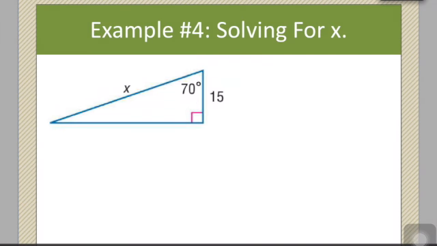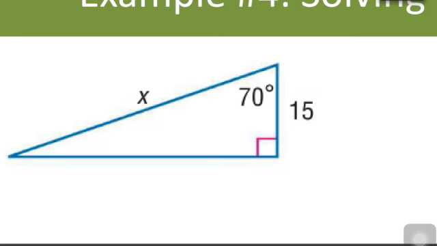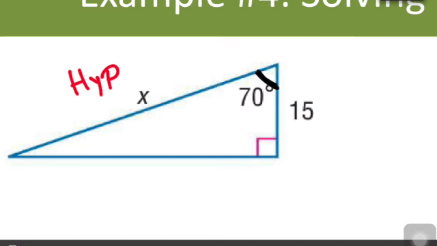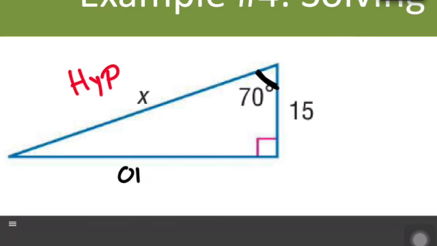All right, let's look at another example where we're solving for x. First step is to label my three sides. Where the x is right now, that is my hypotenuse, no matter what. Now if I'm looking from angle 70 right here, this has to be my opposite side, and the remaining side is the adjacent side.